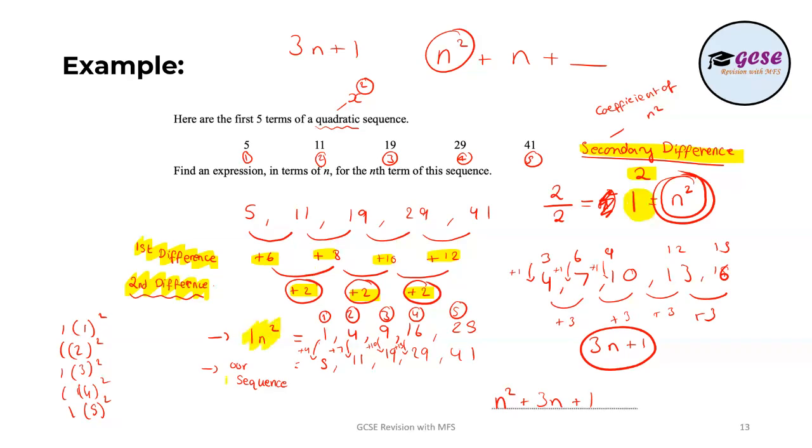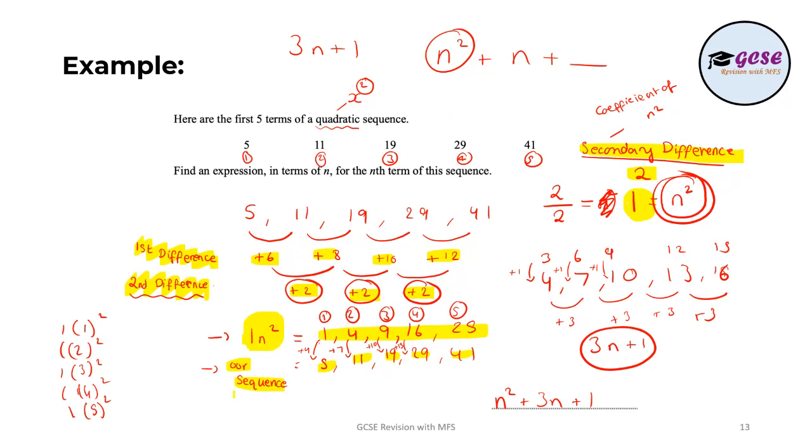You just substitute in 1, 2, 3, 4, and 5 to work out the sequence, and you should get this sequence 1, 4, 9, 16, and 25. Then you write down your sequence underneath it, which is 5, 11, 19, 29, and 41, and then you compare how you get from the 1n squared sequence to your sequence.